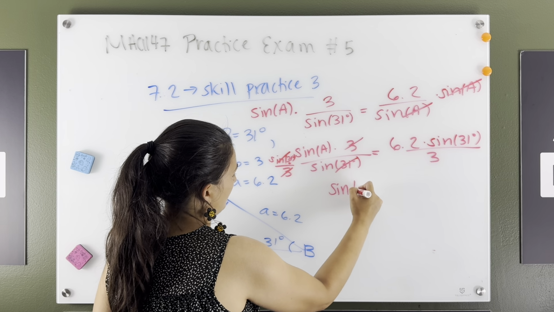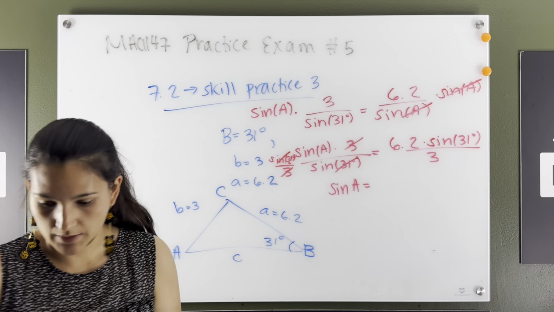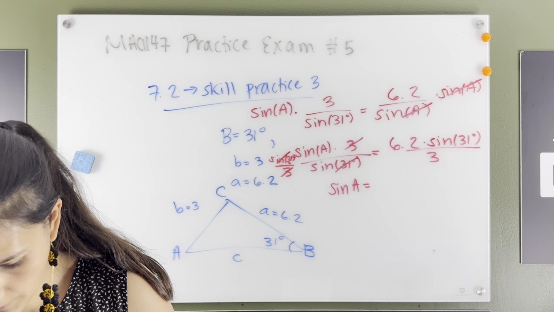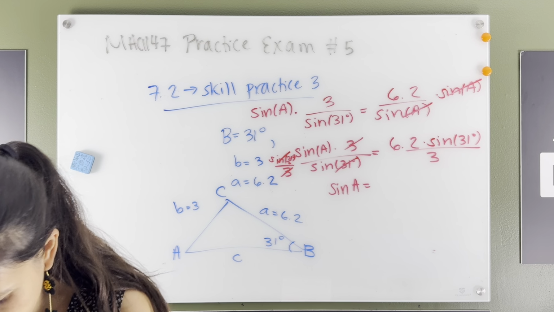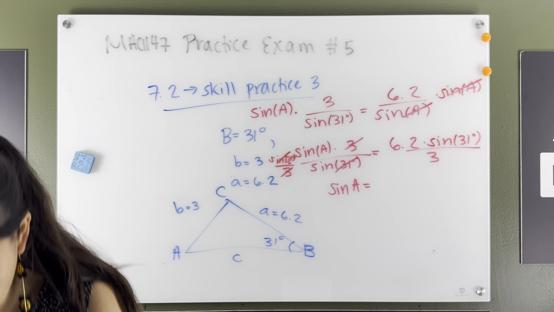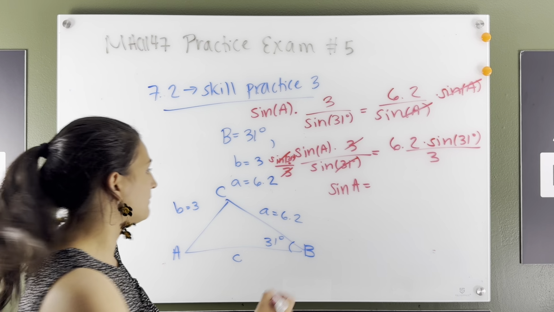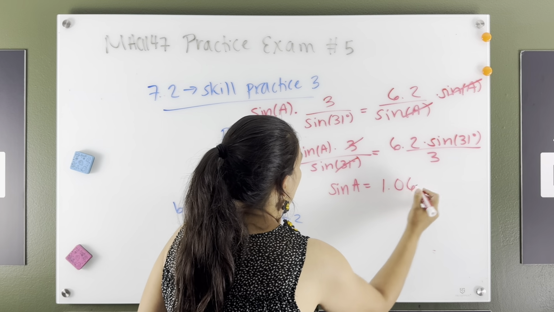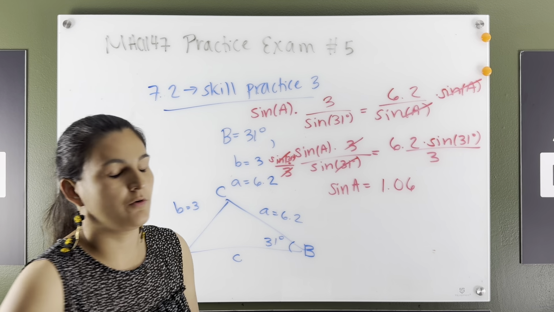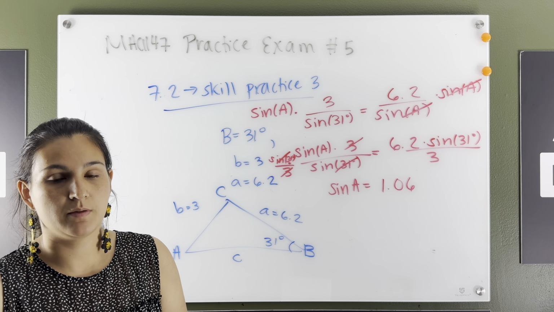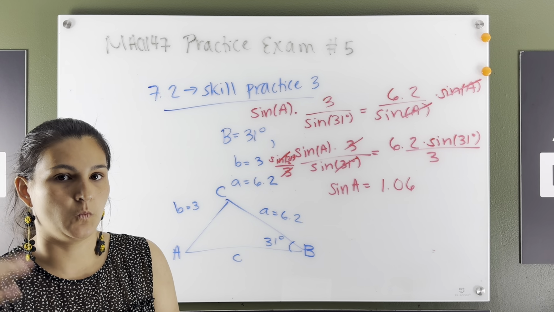So then we get sine of A equals, and plug that into the calculator, and let's see, and you get 1.06. Okay, you should already notice that. Remember that for the regular sine function, the minimum is -1 for the range, and 1 is the max.